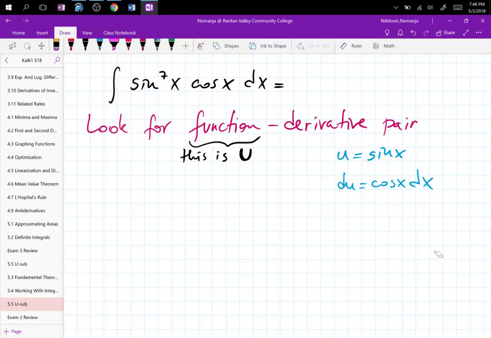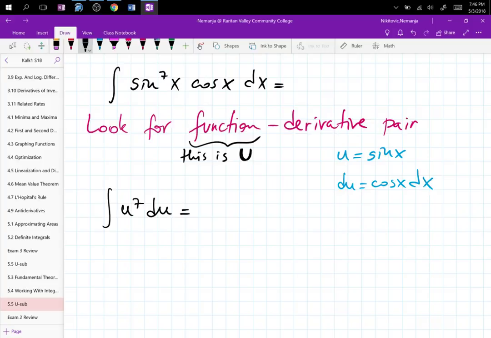That gets replaced by du. So the entire integral collapses to u to the 7 du. You're going from that trigonometric integral with the 7th exponent and all of the other stuff into u to the 7, which you can integrate in your sleep.